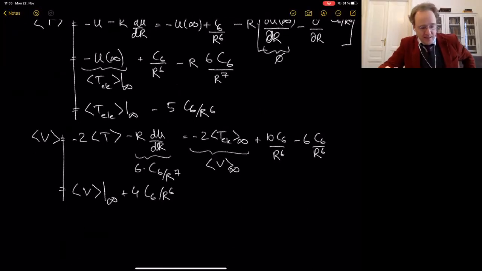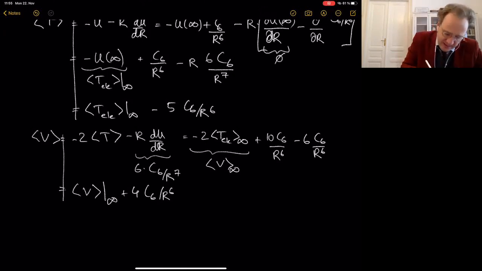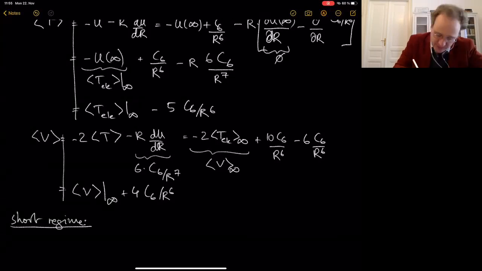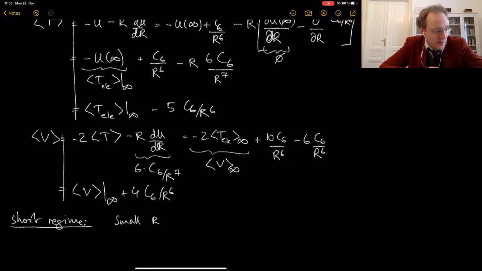For the short regime, we can consider small r. There is something which is known as perturbation theory around the united atom.